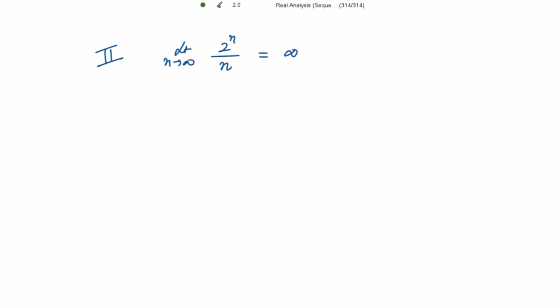So now let's move on to the second part. Here we need to show that this limit is infinity. So let's take our Sn to be 2 to the power n divided by n, and clearly this Sn is not equal to 0 for all n belonging to the natural numbers. There is no x, right? Only n.